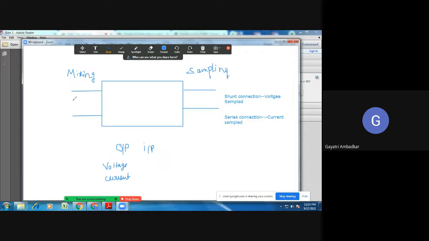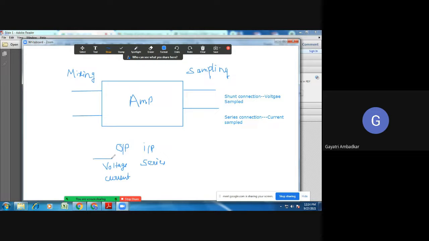So look at the input side of this amplifier. Now this is a feedback amplifier, so further you have a beta network here and you are mixing. If you find series type of connection, the second word will be series. If you find it is shunt type of connection, write shunt.